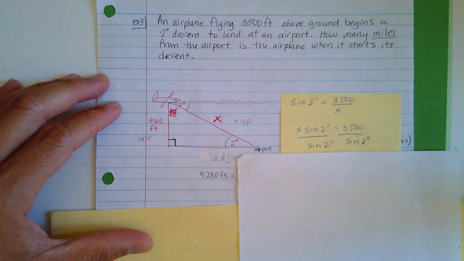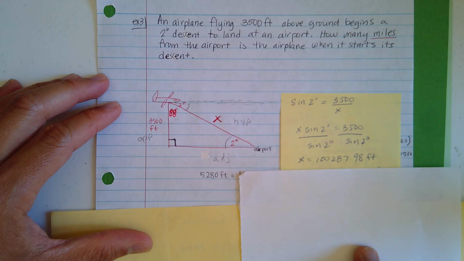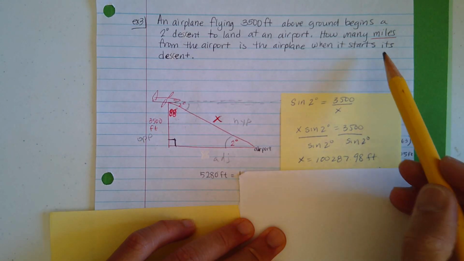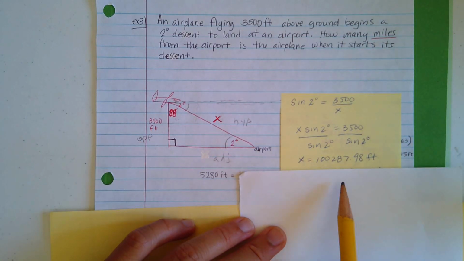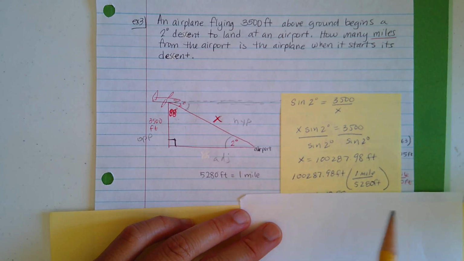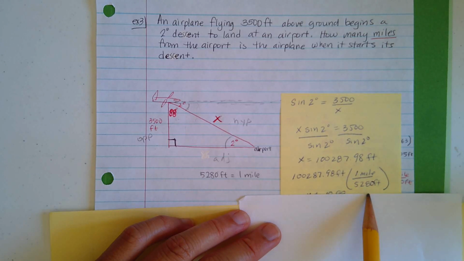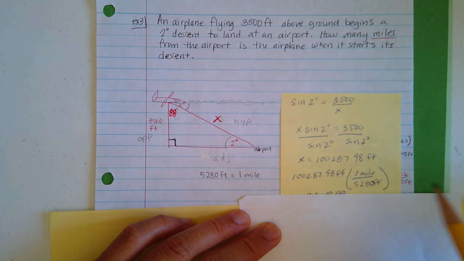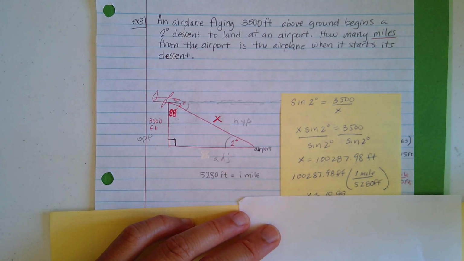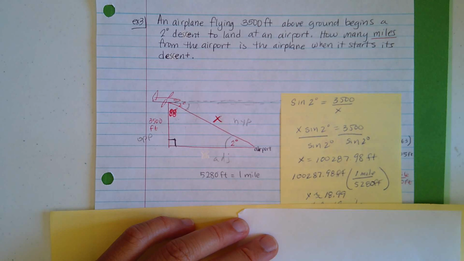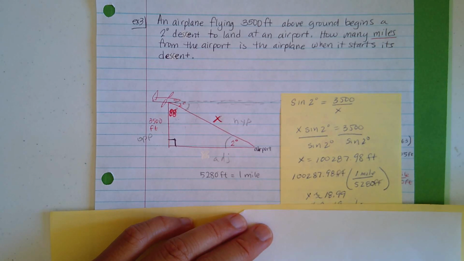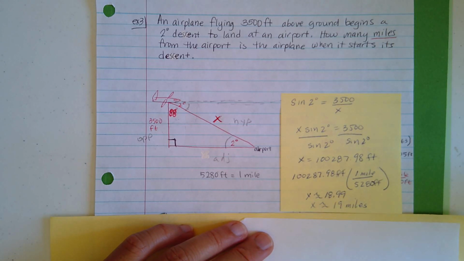Divide by sine 2 degrees. x equals 100,287.98 feet. But remember, it says miles, so we have to convert feet to miles. So the conversion is take the feet that you have, multiply it by 1 mile for every 5,280 feet. The feet units reduce, and now you are left with x equals about 18.99, which is roughly 19 miles.